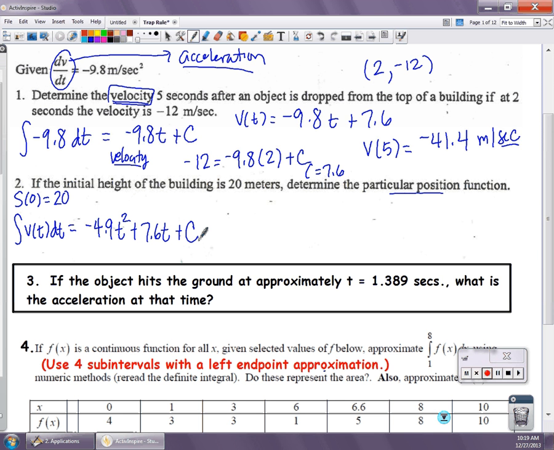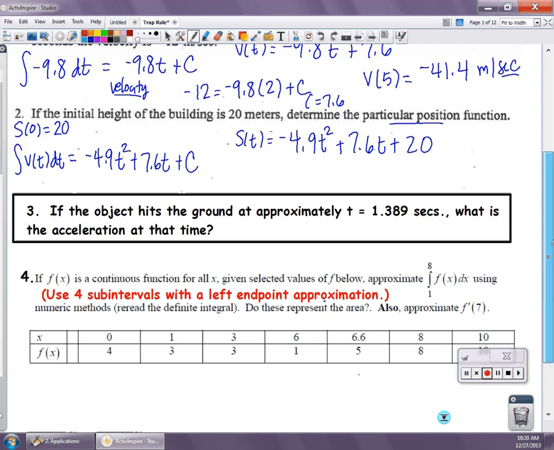And when I substitute 0 for t and set that equal to 20, my position function turns out to be negative 4.9 t squared plus 7.6 t plus 20. Again, all I did was substitute 0 in place of t and set the position function equal to 20. And that's my particular position function that represents this particle movement.